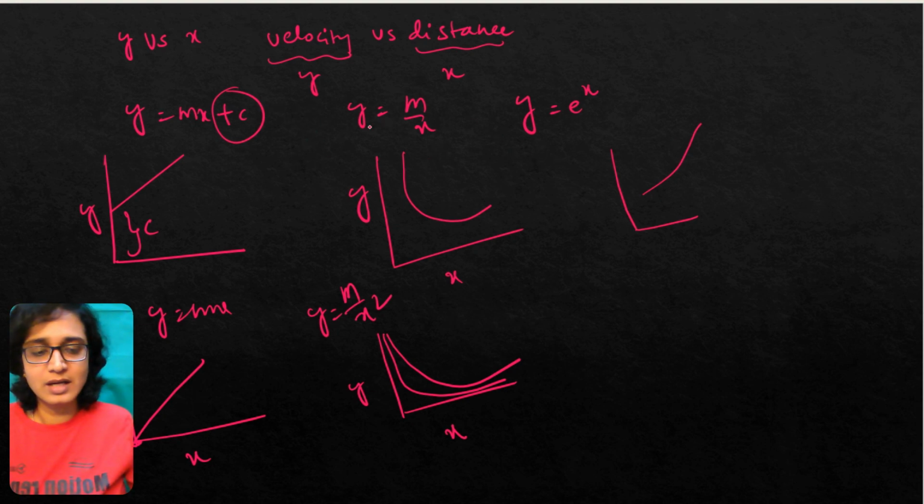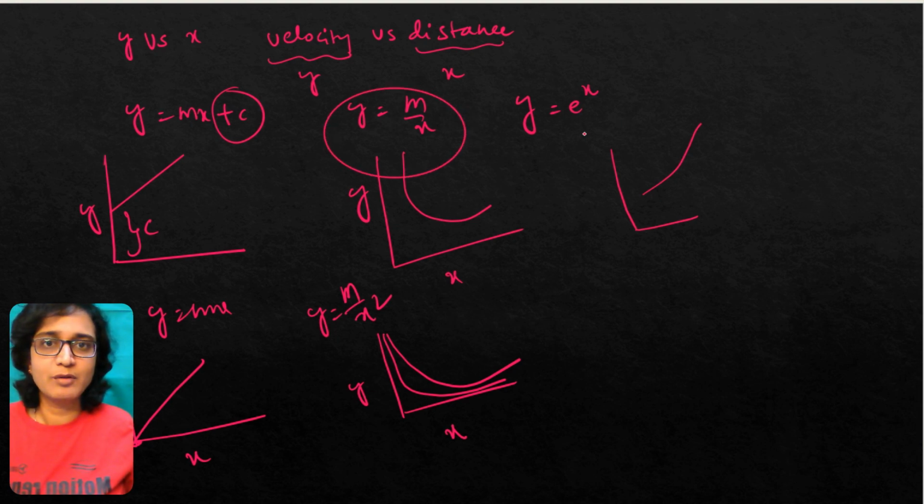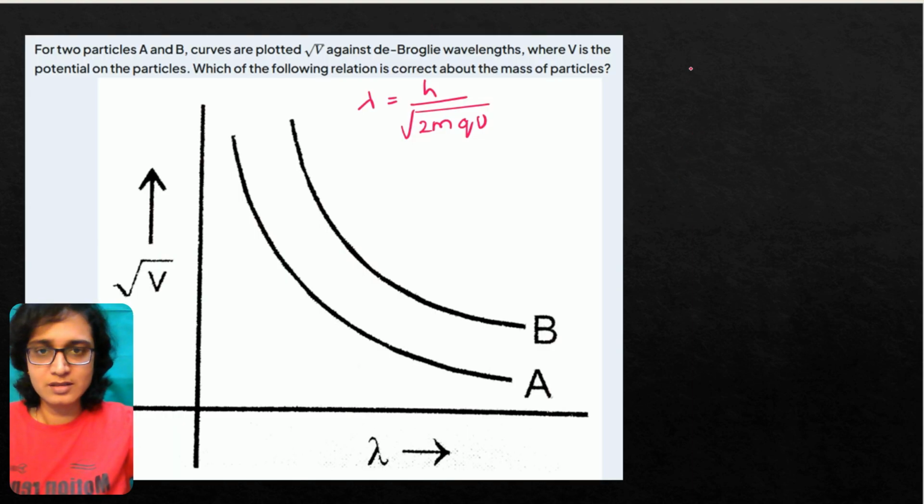And here the graph is in the form of y is equal to m by x. They already wrote the graphs in the same manner. See here, on the y axis they are taking root v. So keep root v like this.